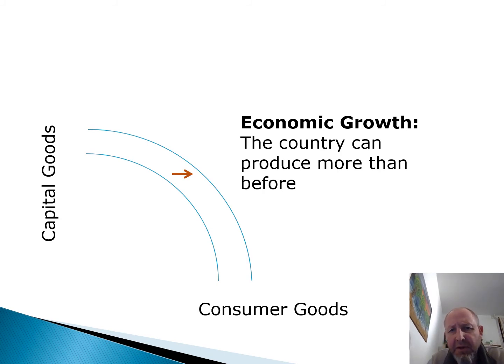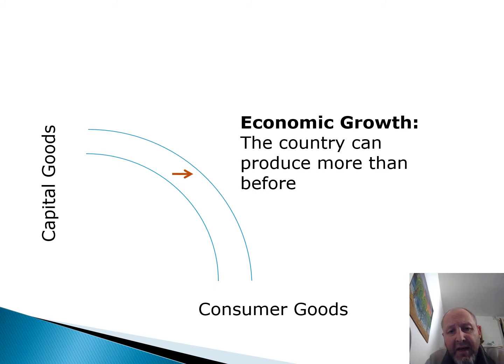This is a typical PPC, production possibility curve, sometimes referred to as a PPF, a production possibility frontier. Here it is typically mentioned capital goods versus consumer goods. A beautiful diagram. It illustrates the idea of scarcity, opportunity cost, and for us, economic growth.